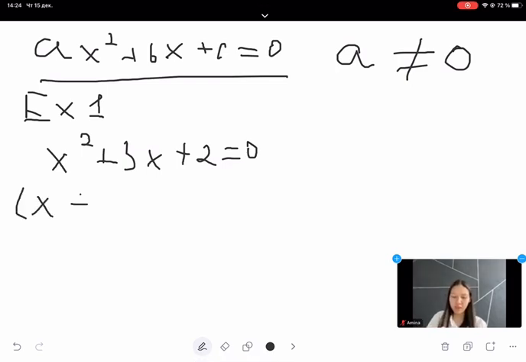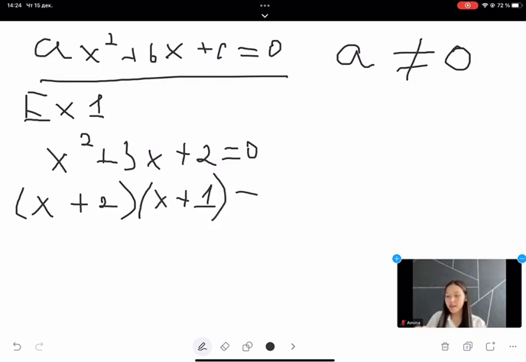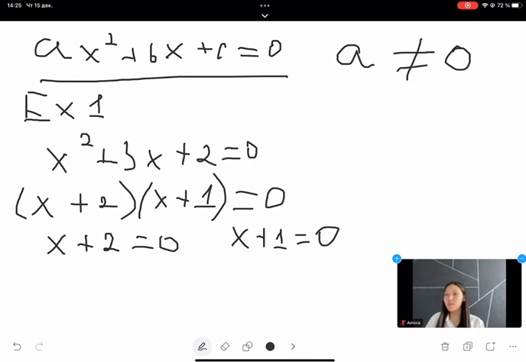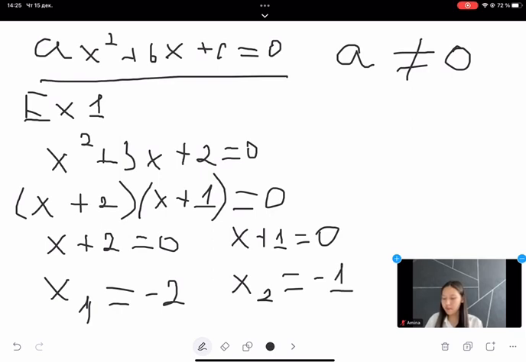This is the factored form: x plus 2 and x plus 1 equals 0. So x plus 2 equals 0, x plus 1 equals 0, and x1 equals minus 2, x2 equals minus 1.